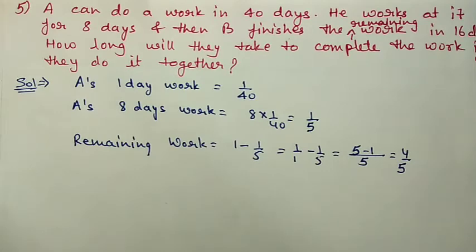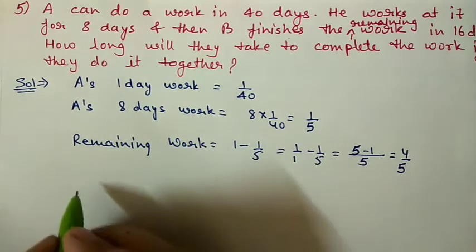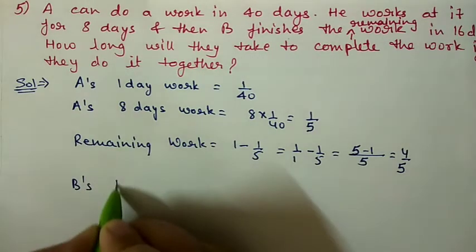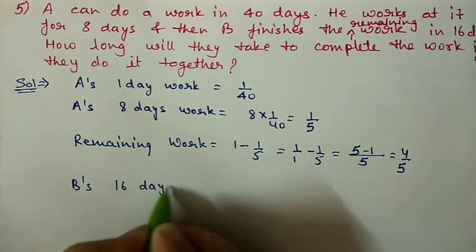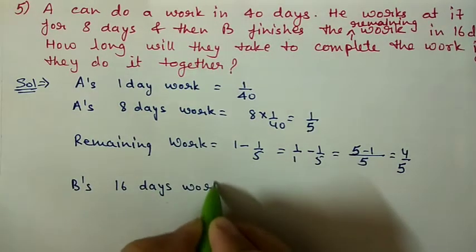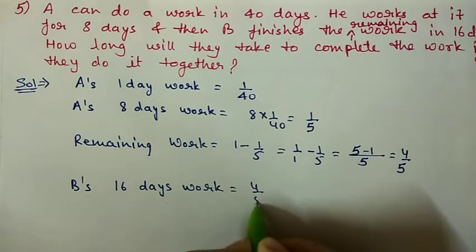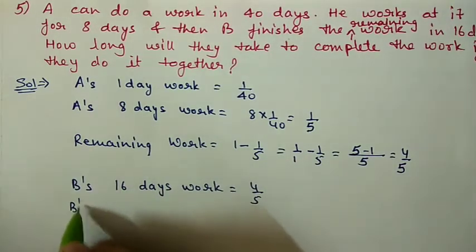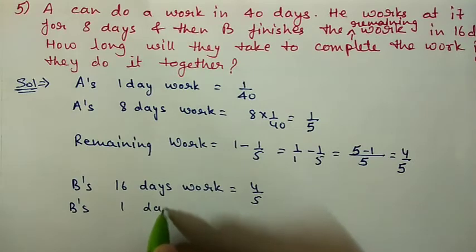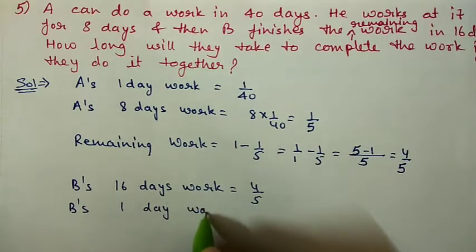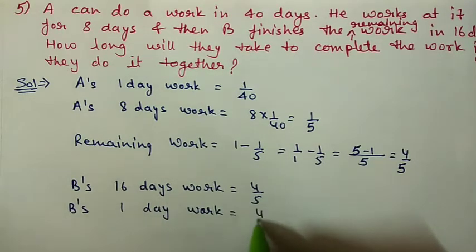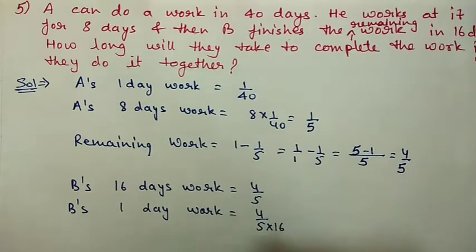This remaining work B has completed in 16 days. So B's 16 days work is 4 by 5. Then we will calculate B's 1 day work. B's 1 day work will be 4 by 5 into 16. So we can do cancellation and we will get 1 by 20.